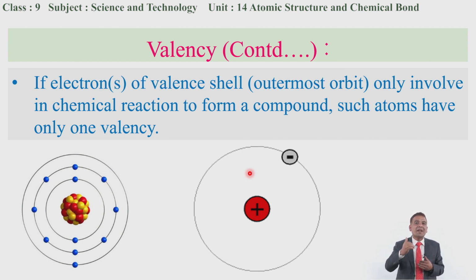Sometimes iron shows valency 2, sometimes valency 3, because while combining with other atoms, electrons of 2 orbits may be involved. So if the electrons of different orbits are involved in reactions, then these atoms have 2 valencies, like 2 as well as 3 for iron.